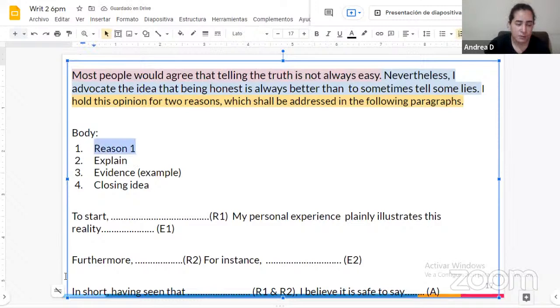In the first reason, we said that it was about your professional life, right? How honesty helps you in your professional life. So we're gonna explain this idea here. We're gonna have a transition in the beginning: to start, first, to begin with, and then we have the idea. So how can we say this? Maybe Shamir, you had the idea?